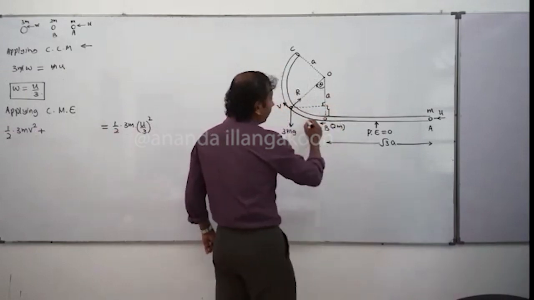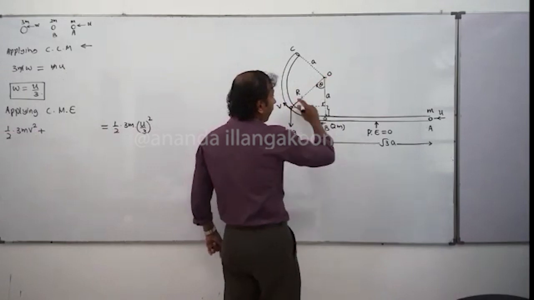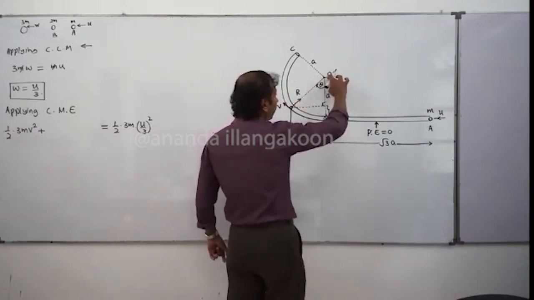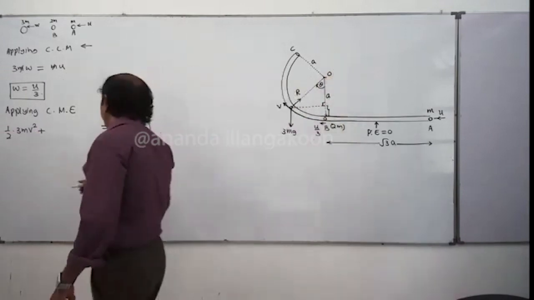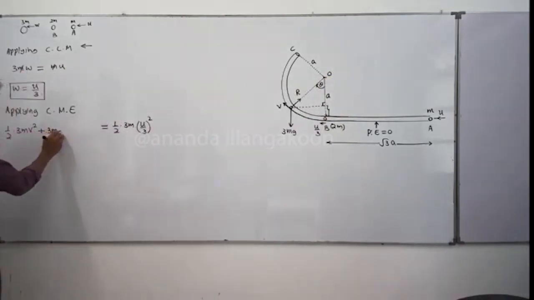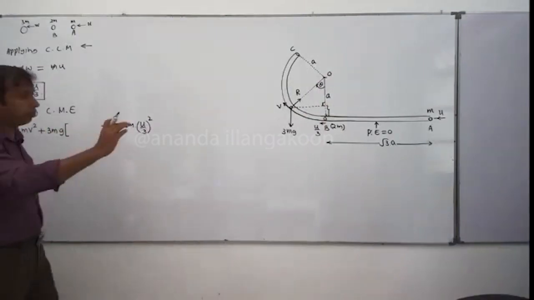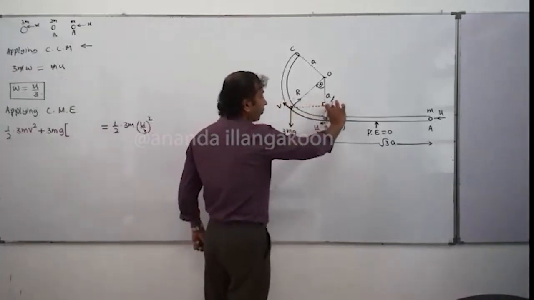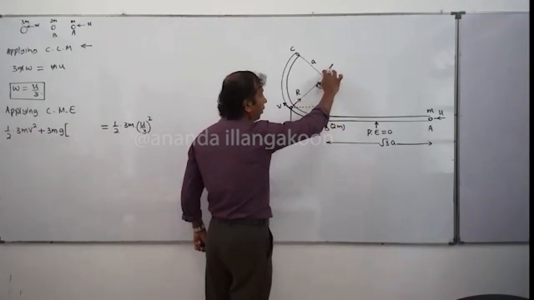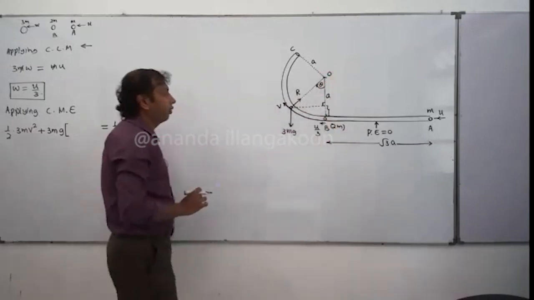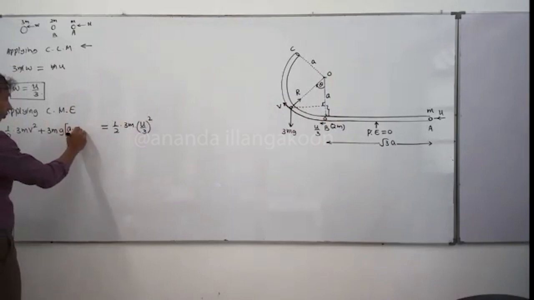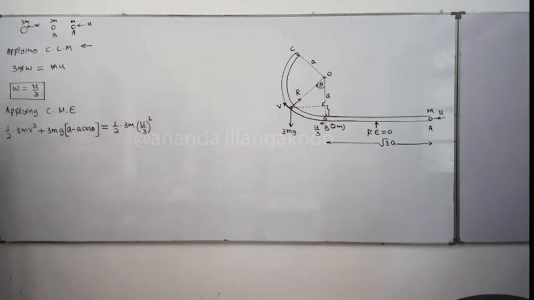That height can easily be found. Whole height is a. From a subtract a cos theta. So it is 3mgh, where h is a minus a cos theta. Then 3m you can cancel out. Multiply by 2.